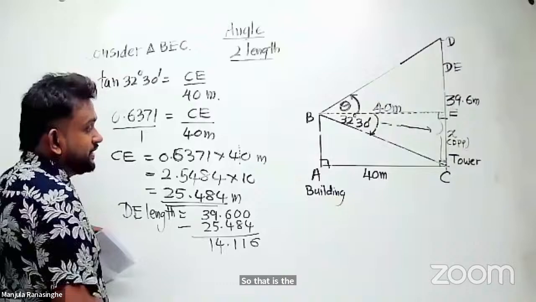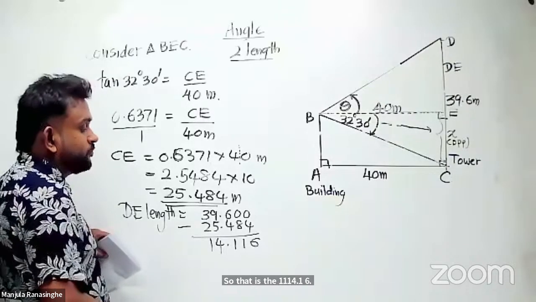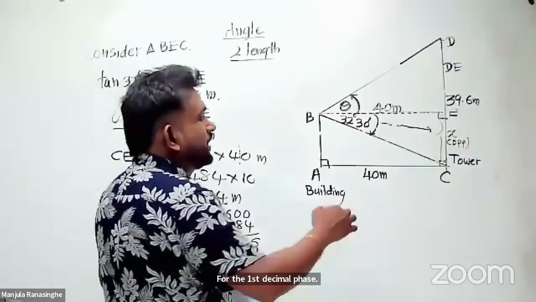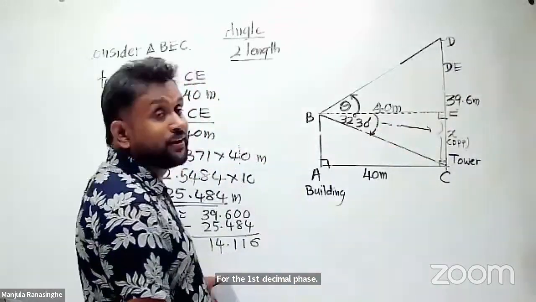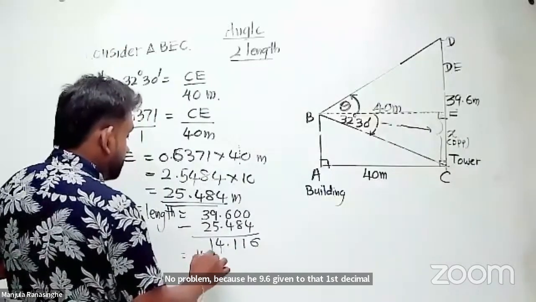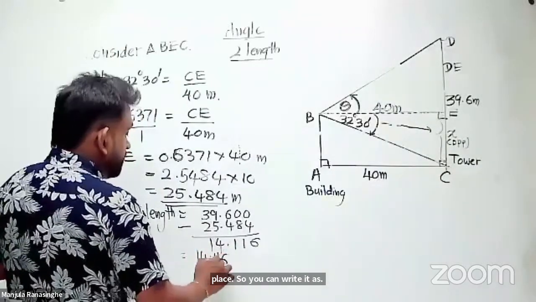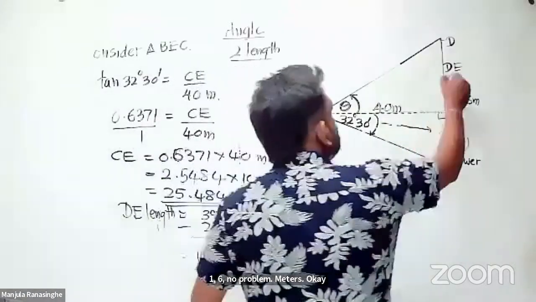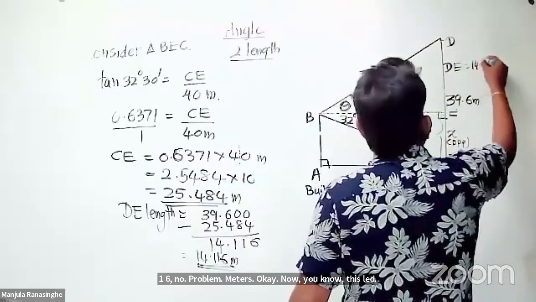You can better deal with it to the first decimal place, no problem, because here 39.6 is also given to the first decimal place. So you can write it as 14.116, no problem, meters.